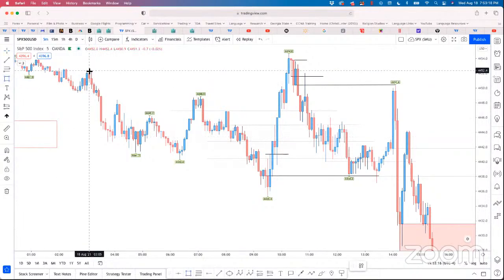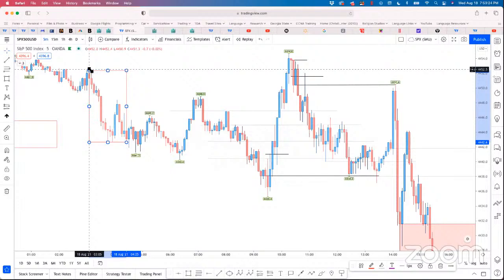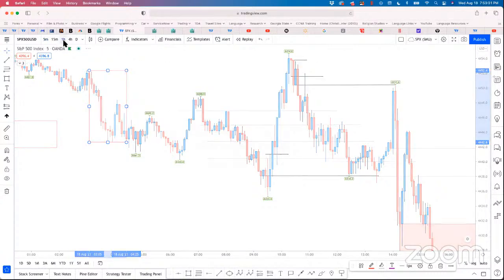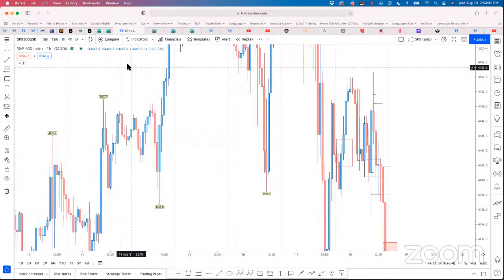This area from this high to this low right here in this trade, it looks like an impulse push up on the 5 minute. But if we go to the 1 hour, go back.